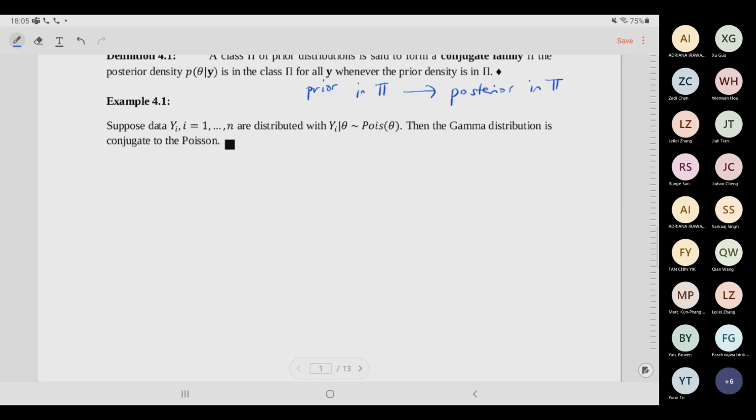The gamma is going to be the conjugate to the Poisson, meaning that gamma will be your prior, and we will see that your posterior will also have a gamma distribution.